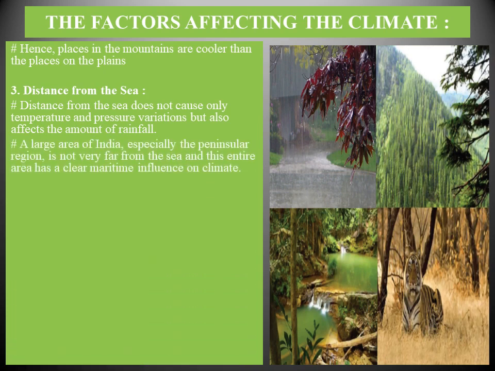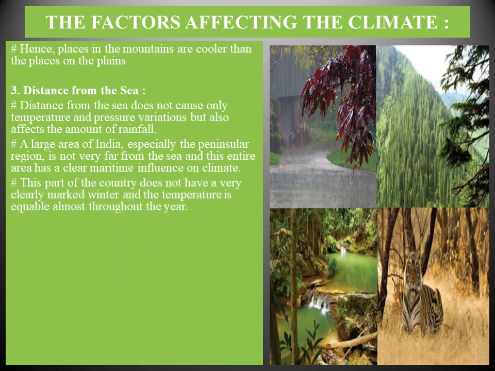A large area of India, especially the peninsular region, is not very far from the sea, and this entire area has a clear maritime influence on climate. This part of the country does not have a very clearly marked winter and the temperature is equable almost throughout the year.